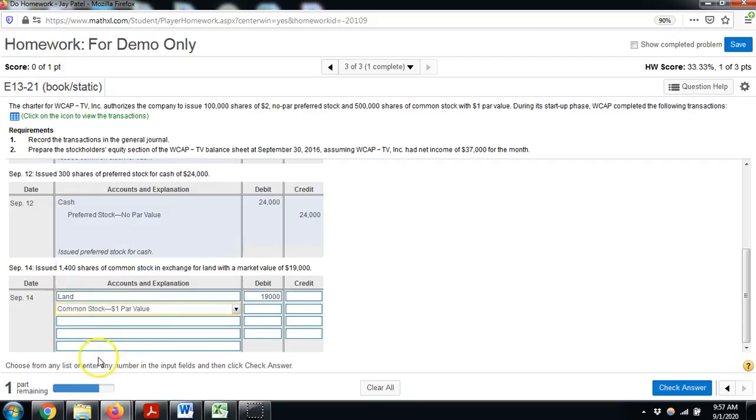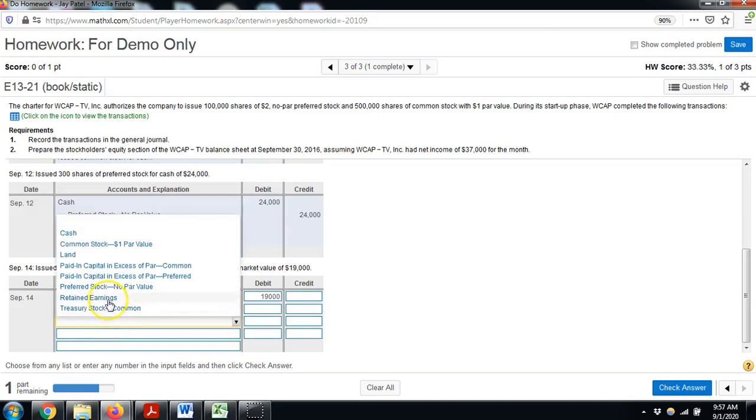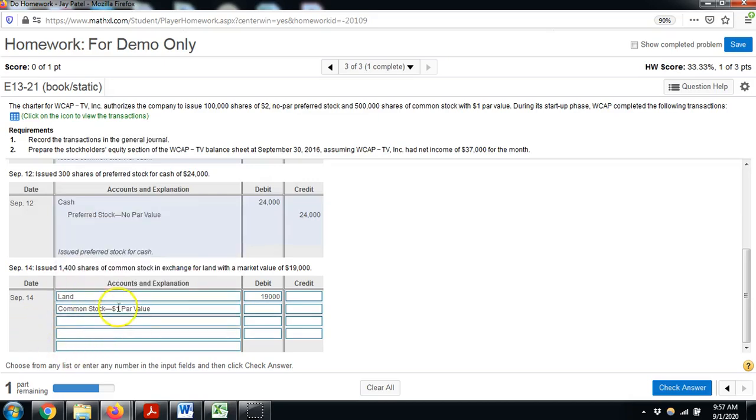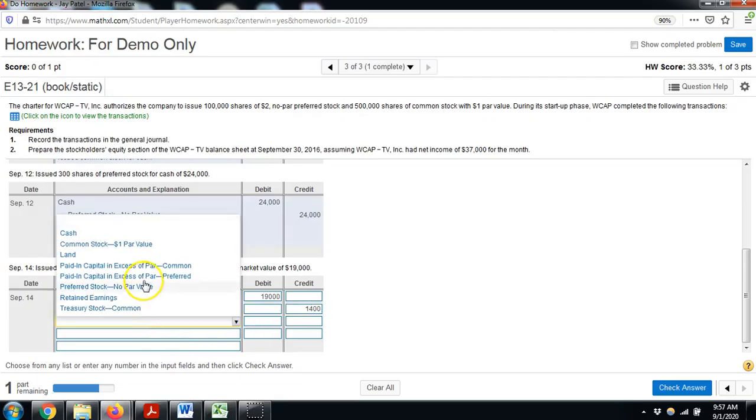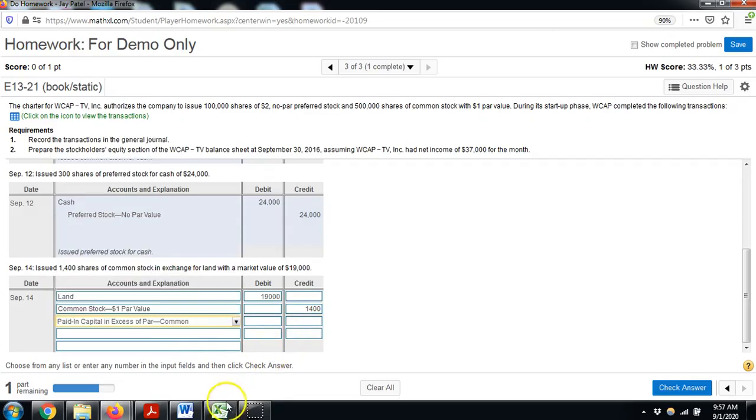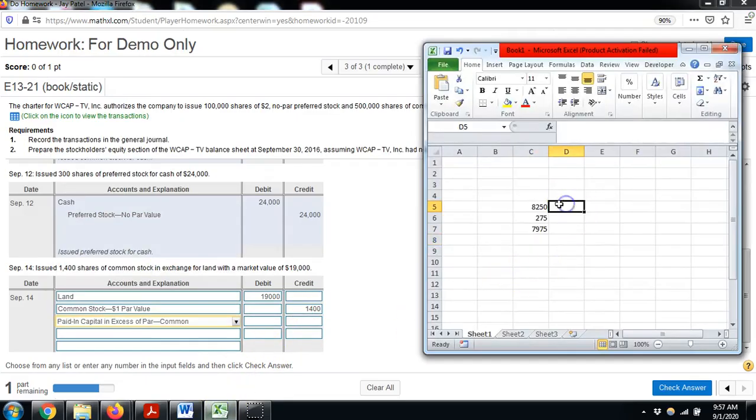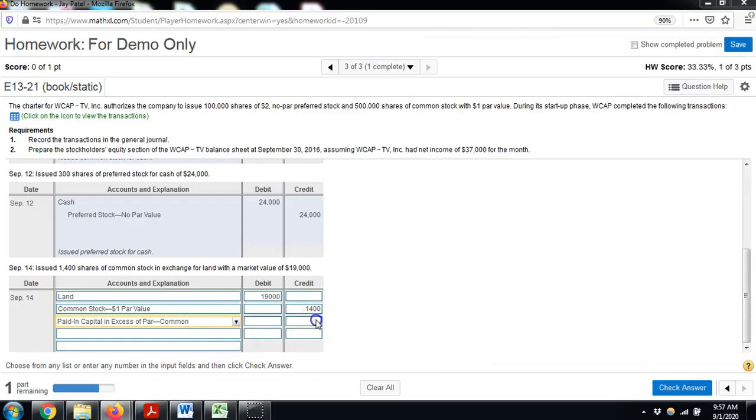Again, I can already foresee $1 par value, 1,400 shares, it's only going to be $1,400. So we're going to have this paid-in capital in excess of par, and it's the same math as we did before.